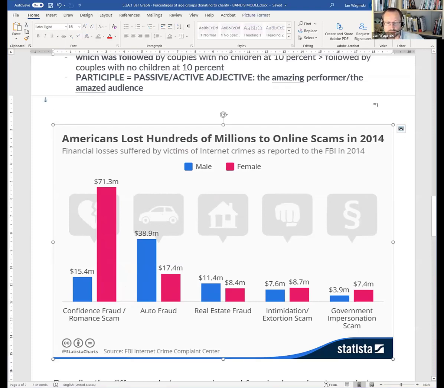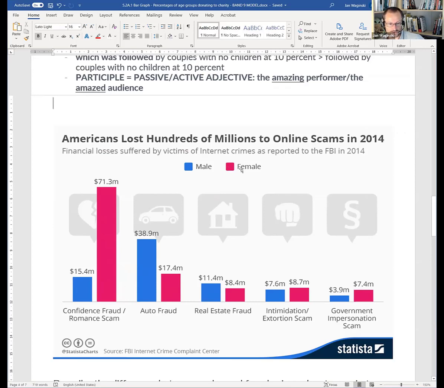Americans lost hundreds of millions to online scams in 2014. And then it says financial losses suffered by victims of internet crimes as reported to the FBI in 2014. So the blue bars are male, the reddish bar is female, and let's say confidence fraud, romance scam. Men lost 15.4 million, women lost 71.3 million.